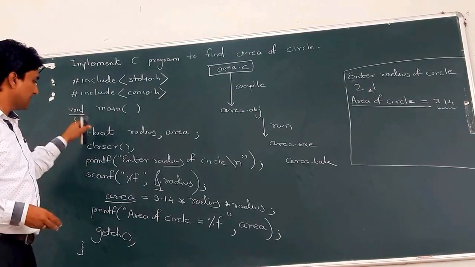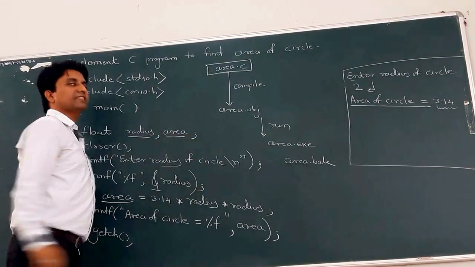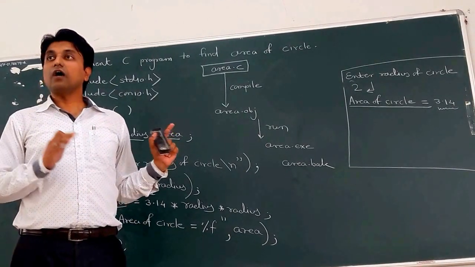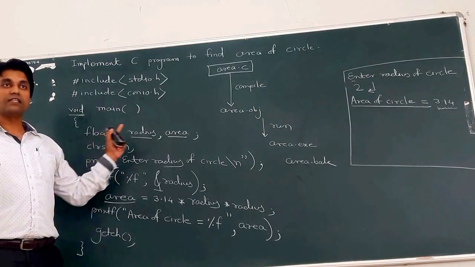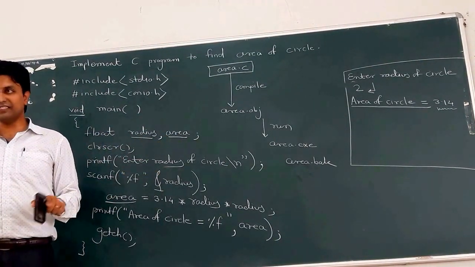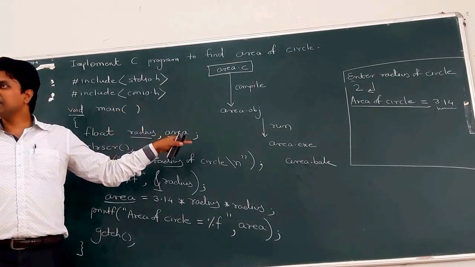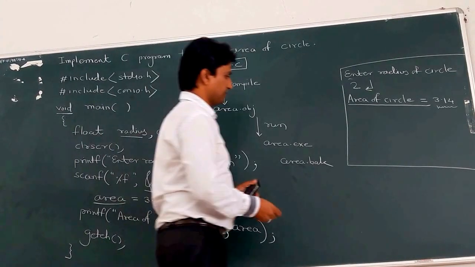Always remember that memory management happens because there are two variables, radius and area. For that, how many bytes are reserved? If the variable is float type, then 4 bytes are reserved for it. For integer, 2 bytes. For float data type, 4 bytes are reserved on your stack memory.